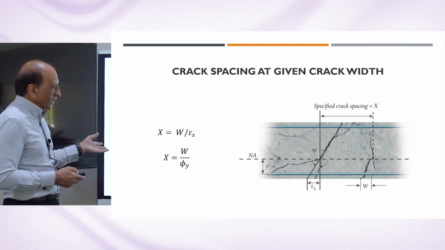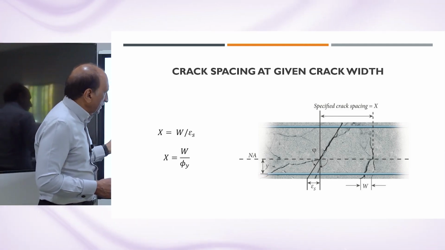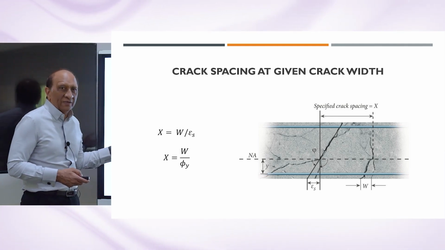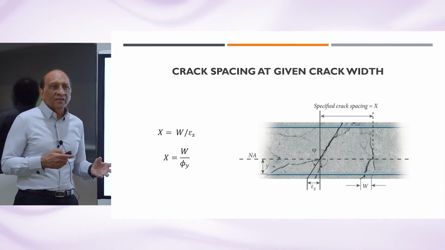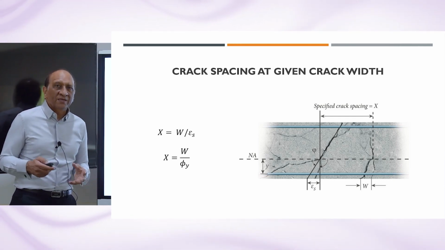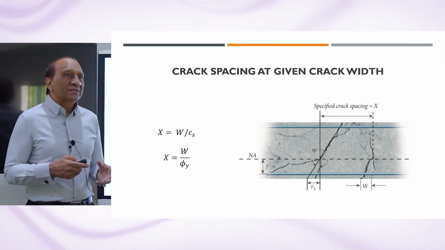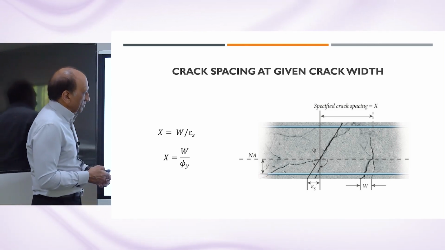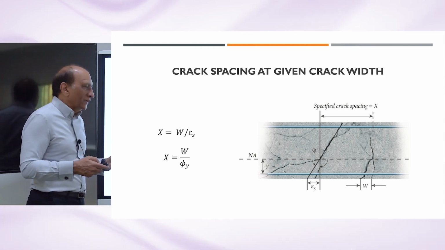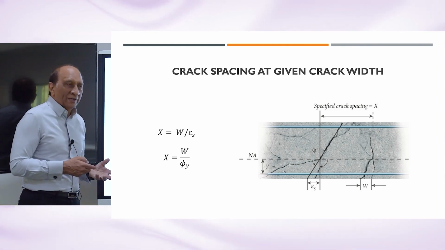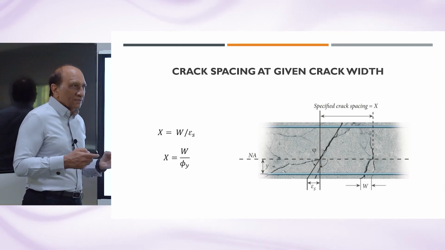So that's another way to estimate. This will not be very accurate. It's just a rough idea of the approximate relationship between crack width and spacing for a particular curvature. Cracking is a very complex phenomenon, so it cannot be modeled accurately, but we can get some rough idea from there.